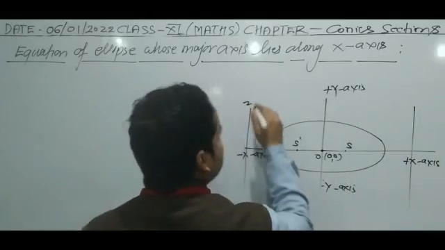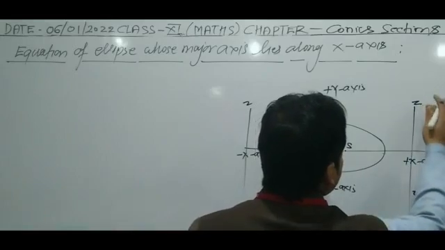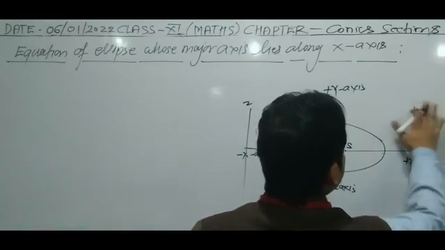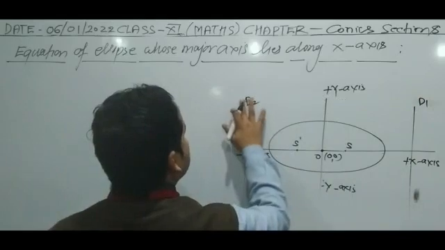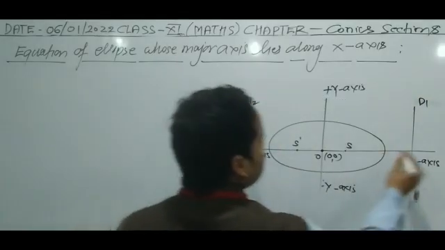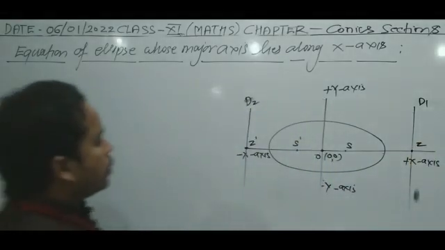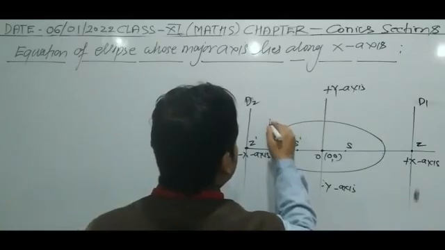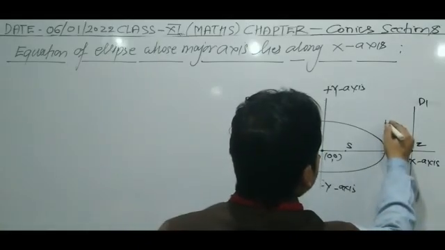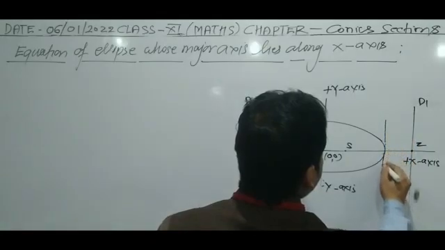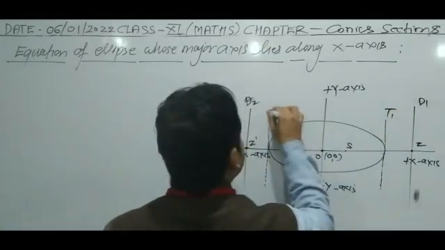This is considered Z. D1 and D2 are the two directrices, and this is Z dash, this is Z. Considering tangent is the line parallel to the y-axis, this is considered T1 and this is T2.